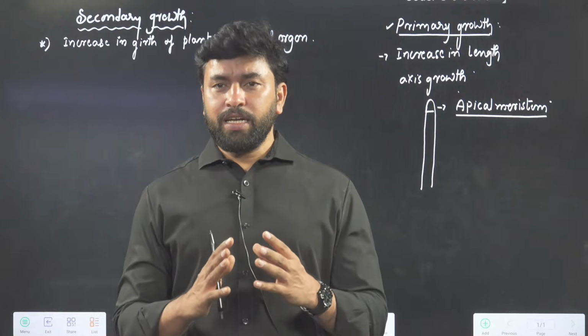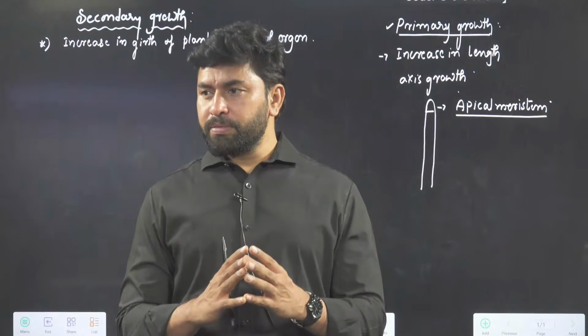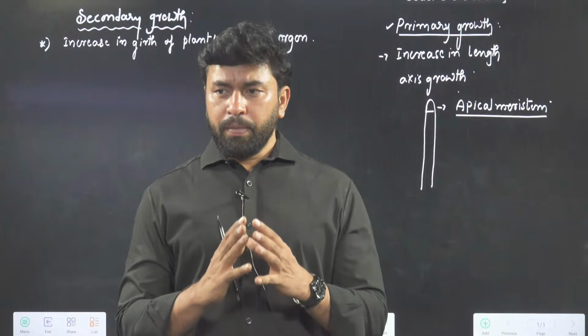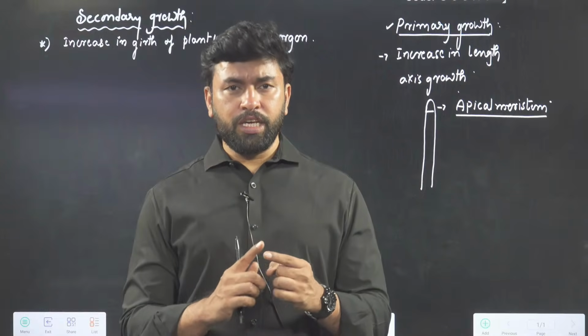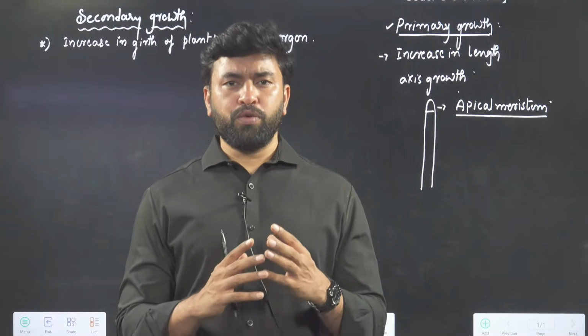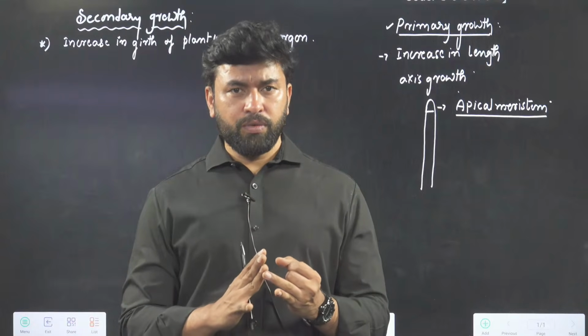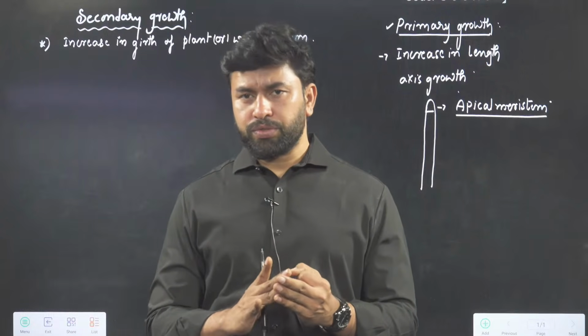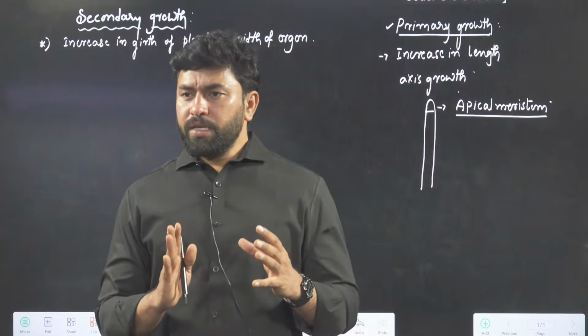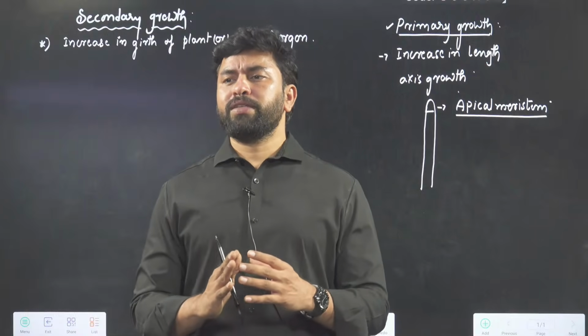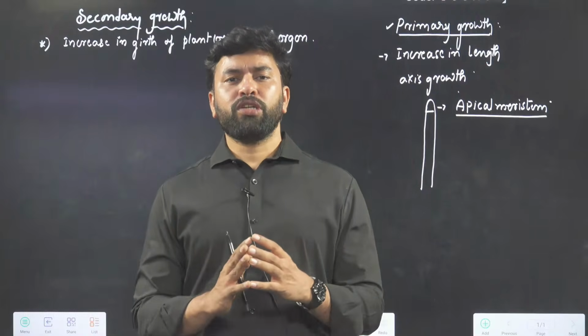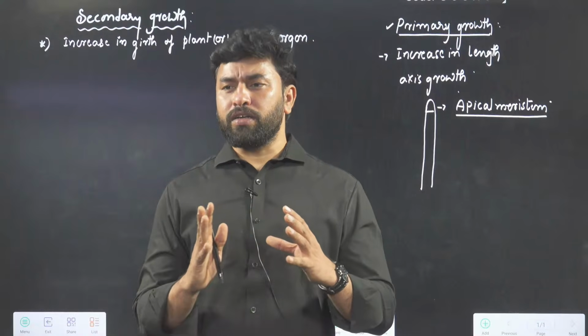At the time of apical meristem discussion, I told you apical meristem is the one which forms leaves, which are called leaf primordia. Apical meristem is the one which forms epidermis, ground tissue, vascular tissues. So apical meristem or primary meristem is responsible for formation of almost all organs.